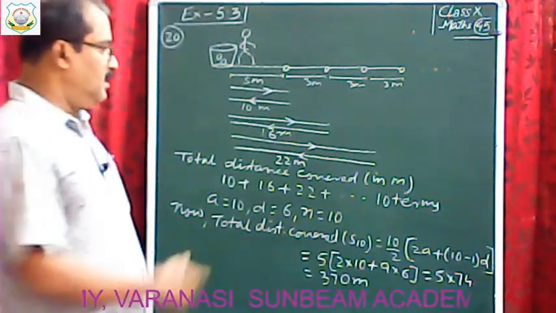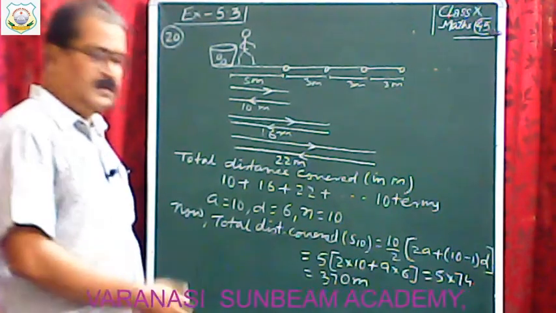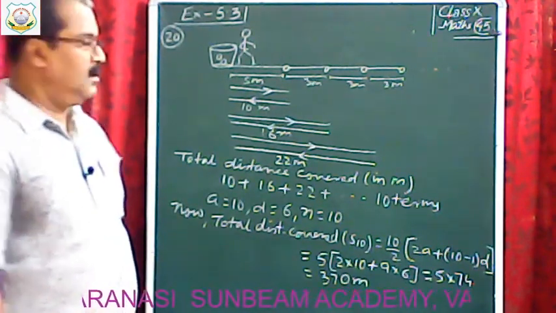The total distance covered by the competitor is 370 meters. So simple.